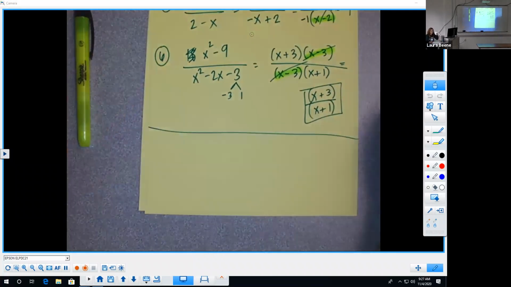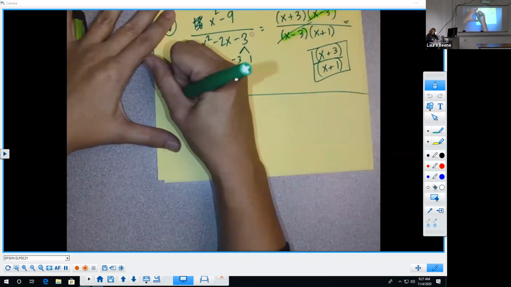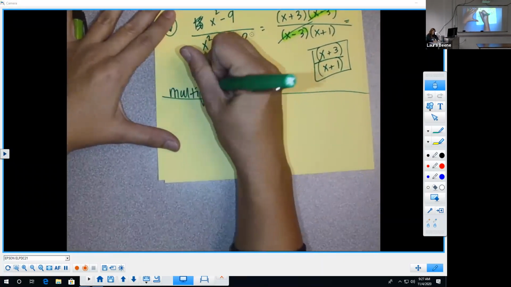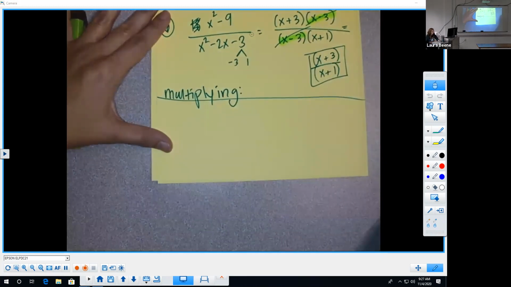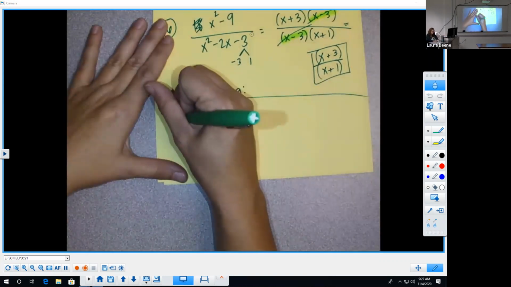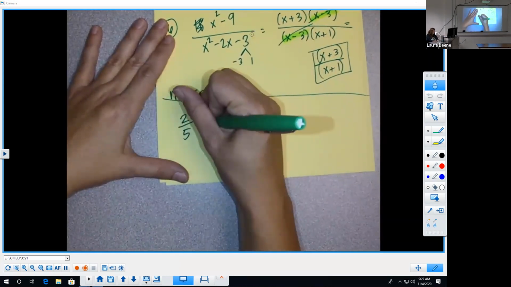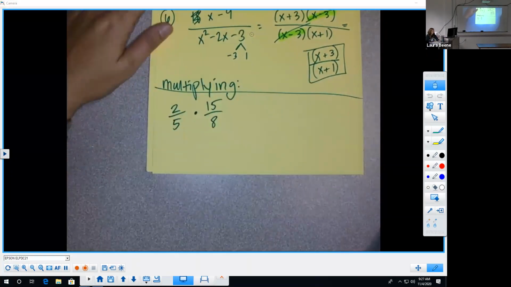Multiplying and dividing takes that and just adds a little bit onto it. So let's do multiplying now. And for multiplying, I'm going to start off with a regular fraction problem and kind of show you how we're going to do it when we put x's in it. So if I had the fraction 2/5 and I wanted to multiply it by 15 over 8.